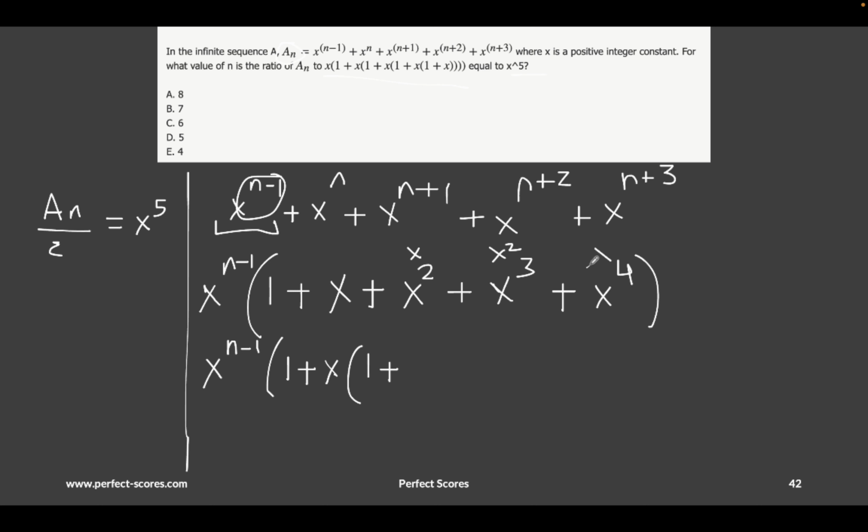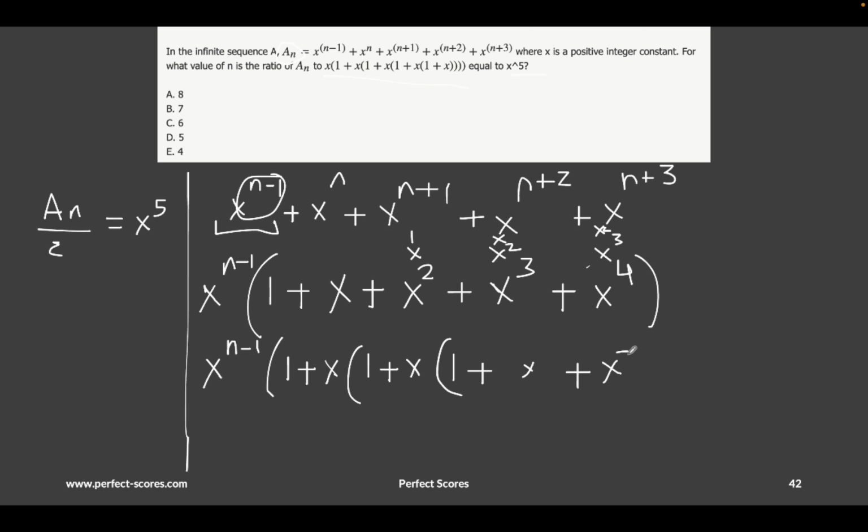Let's just skip a step and write x here and then take x out. So what are we going to be left with? We're going to be left with 1, x and x squared, right? So if I take the x out, we're going to be left with x and x squared.